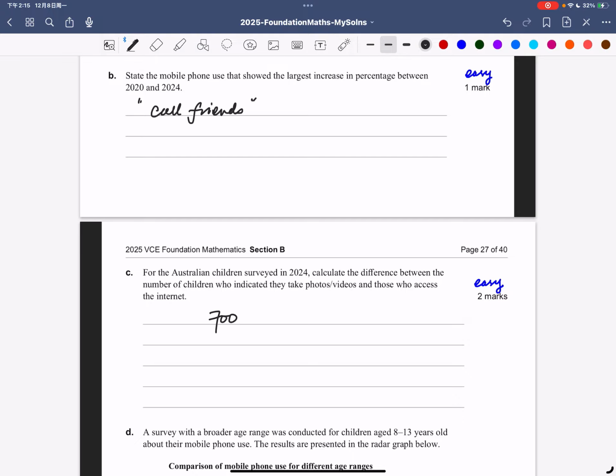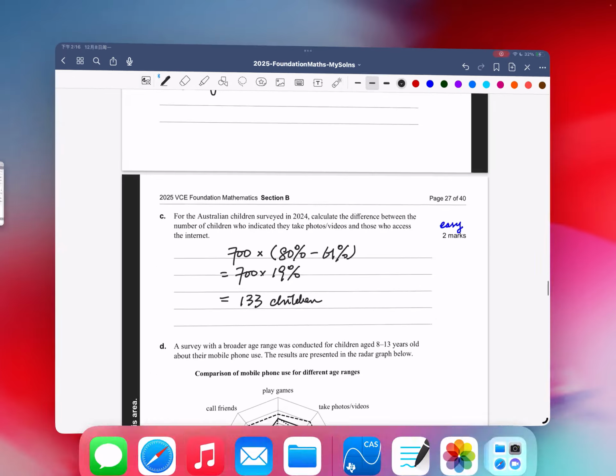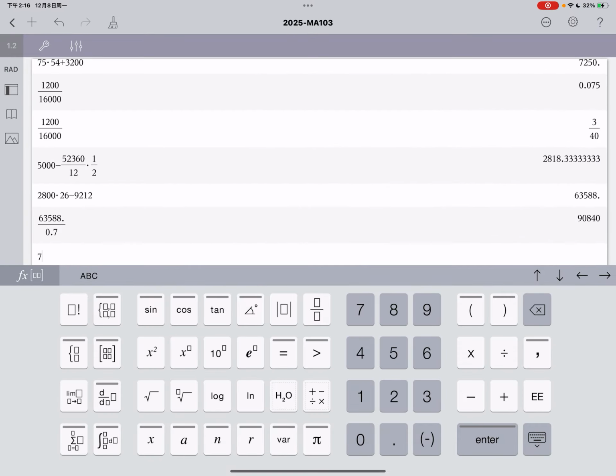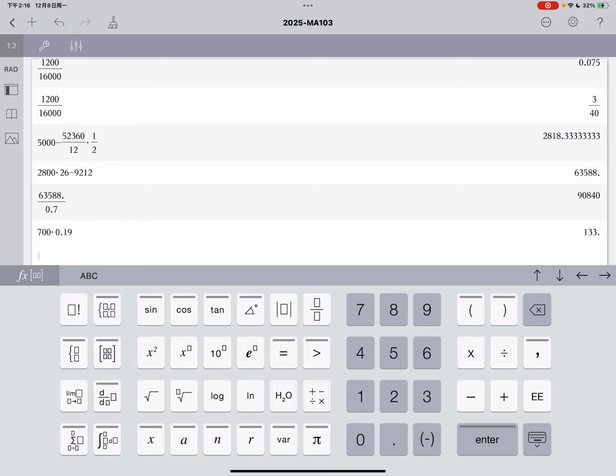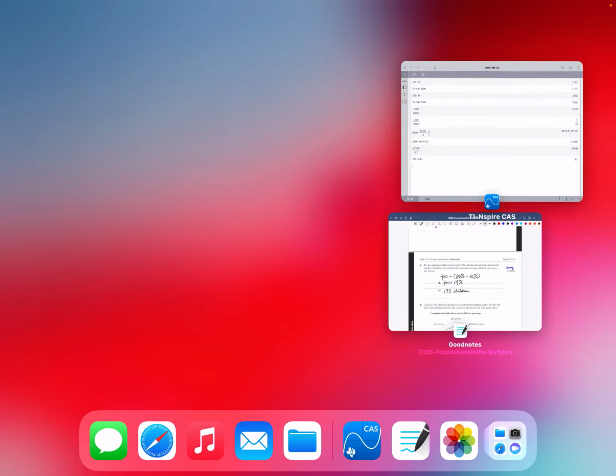So 700 multiplied by 80% minus 61%, and that'll be 700 times 19%. Therefore, it will be 133 children. Let me confirm this with you. 700 times 0.19, that's the decimal form for the percentage, 133. Yep, correct.